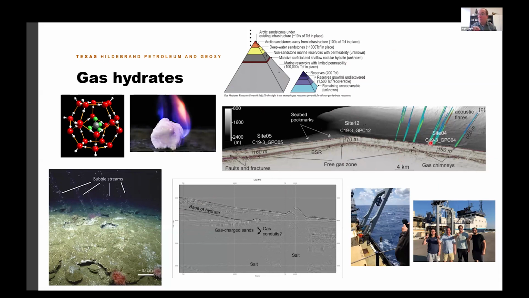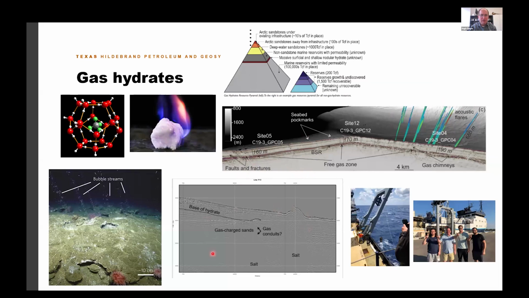I actually have a student leaving today to go on a research cruise up there for a couple of weeks with some colleagues at a Norwegian university. But really understanding how these gas chimneys form in the sediment and how they lead to these bubble columns that we can detect in the water, and how it's related to the presence of hydrate and gas and fractures.